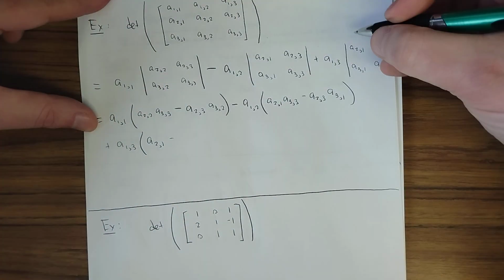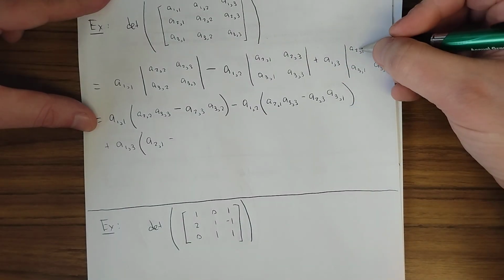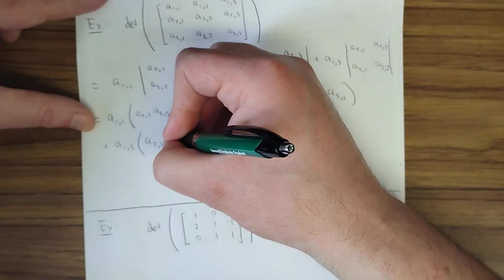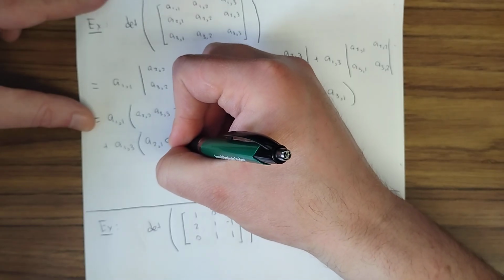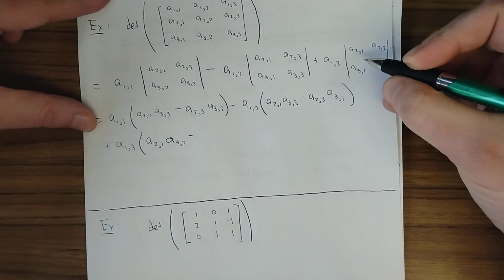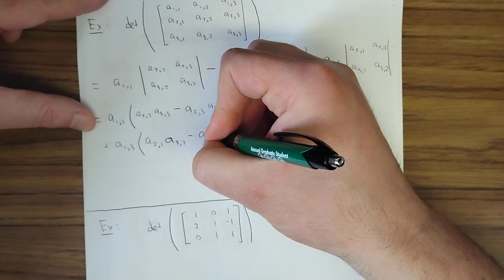Oops. Yeah, so this should be this one times this one. So A21 times A32 minus this times this.